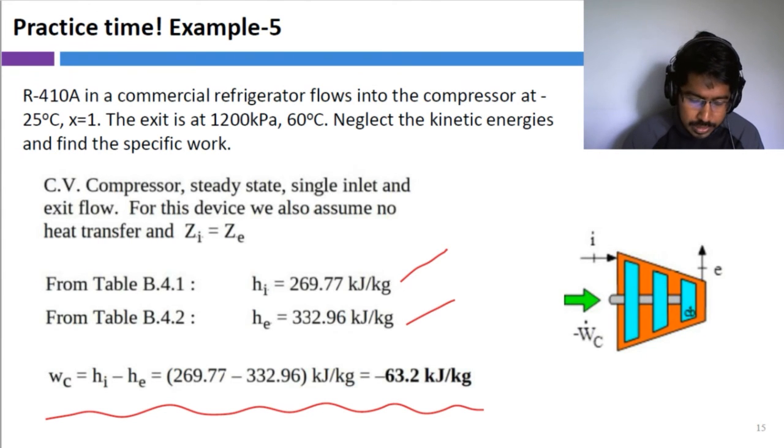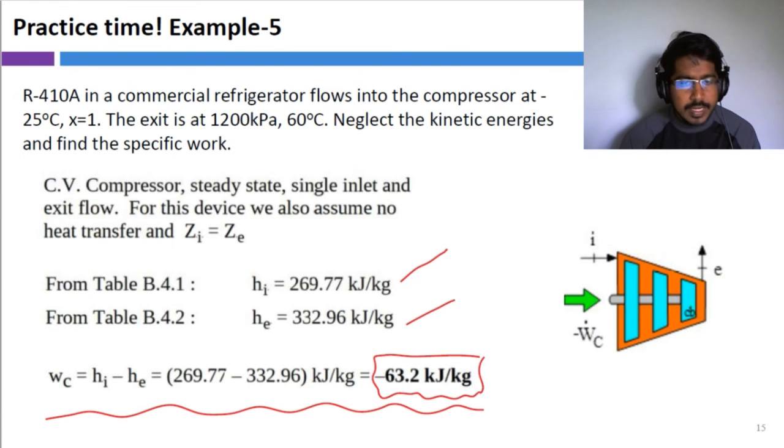So you see the work that you have here is negative, because we derived our first law equation assuming that the work is done by the system. So the negative sign indicates that work is done on the system, or work is input into the system.